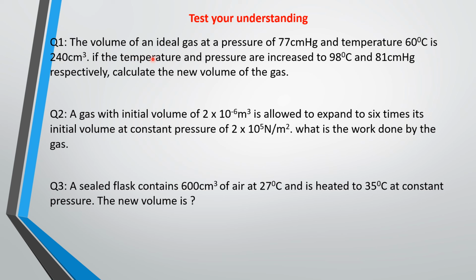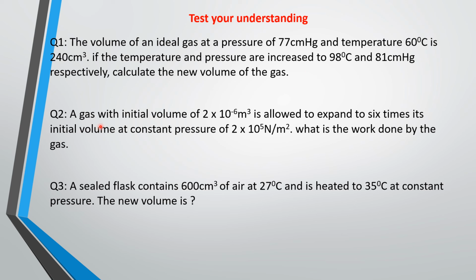First question: the volume of an ideal gas at a pressure of 77 centimeter mercury and temperature 60 degrees centigrade is 240 centimeter cube. If the temperature and pressure are increased to 98 degrees centigrade and 81 centimeter mercury respectively, calculate the new volume of the gas. This should be simple for you using the ideal gas equation.